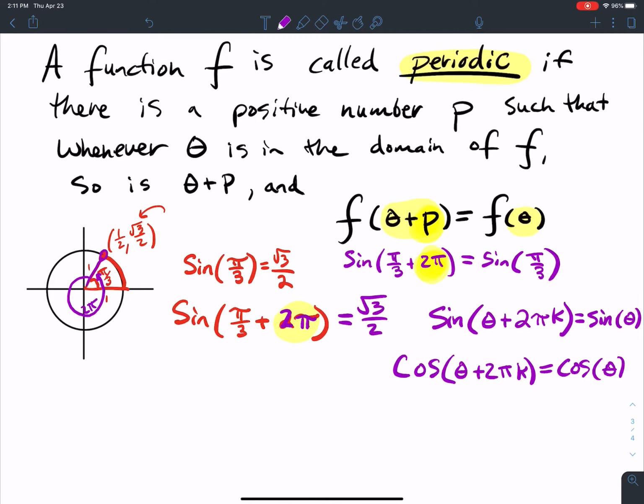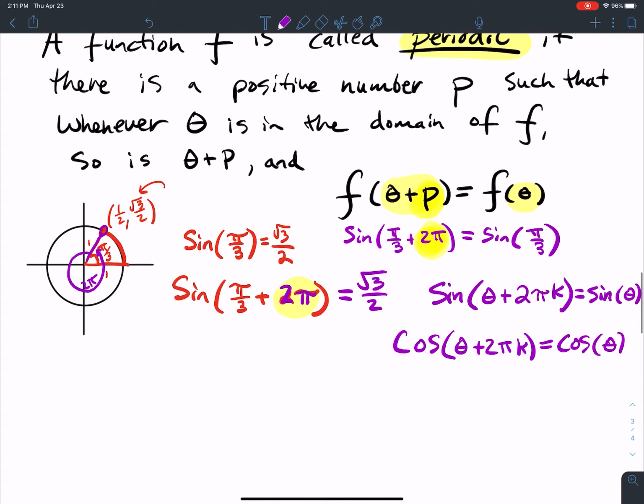So this will help us out in our calculations, because you might have something like pi over 3 plus 2 pi, and maybe that's 6 pi over 3 added, so that's 7 pi over 3. They might ask you to calculate, what is the sine of 7 pi over 3? Well, how do you do that type of problem?